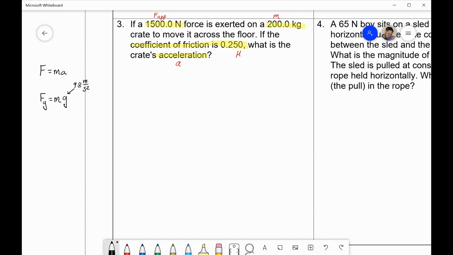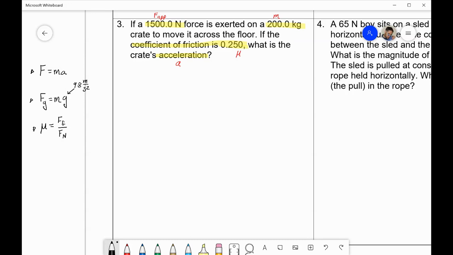This number is always known. All right, so I've got a couple things working out here. There's one more equation I can work with, which is the equation of the coefficient of friction, which is the force of friction divided by the normal force. So I've got three different equations to work from and use as a tool.